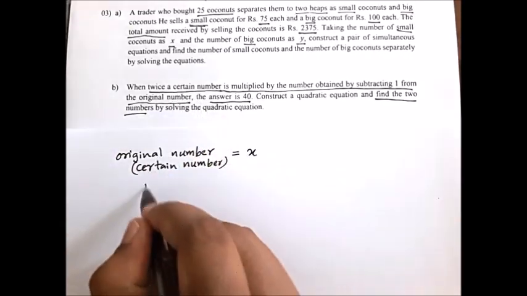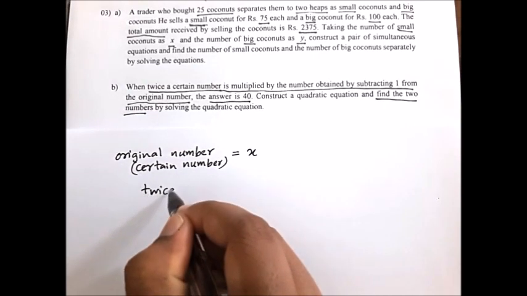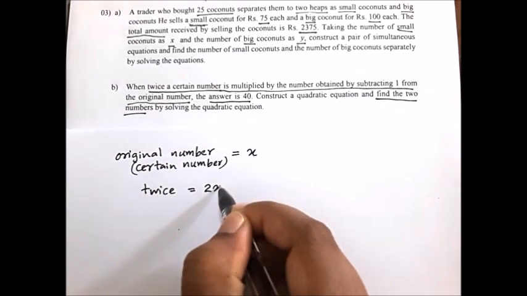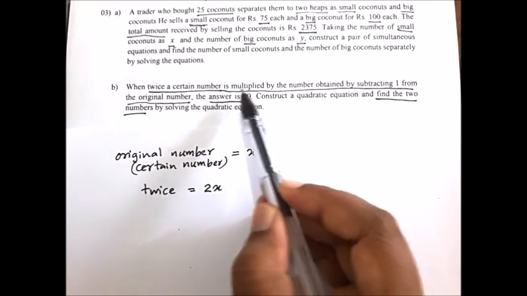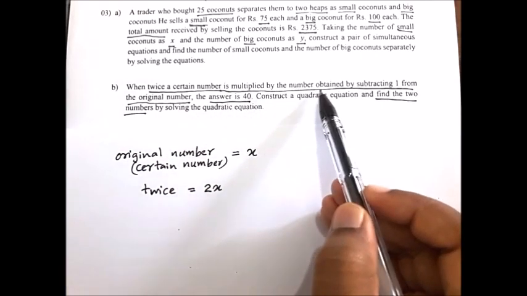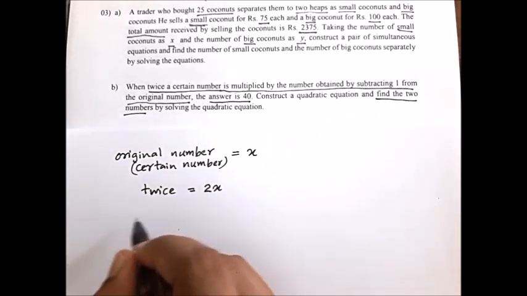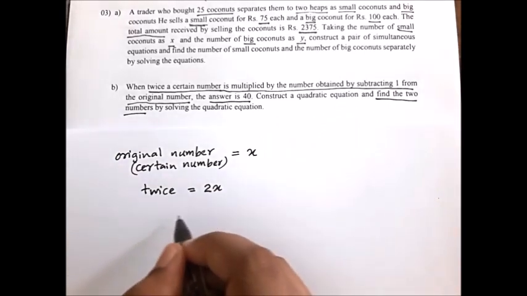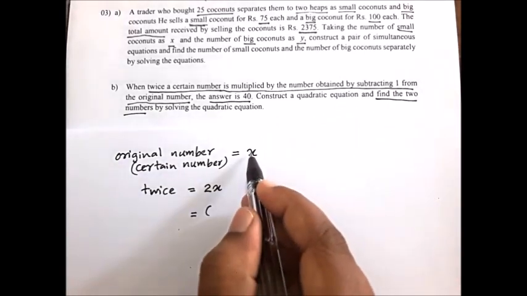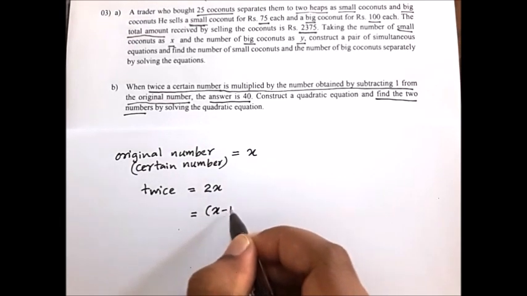Twice of it, 2x. Subtracting 1 from the original number means the original number is x, x minus 1.